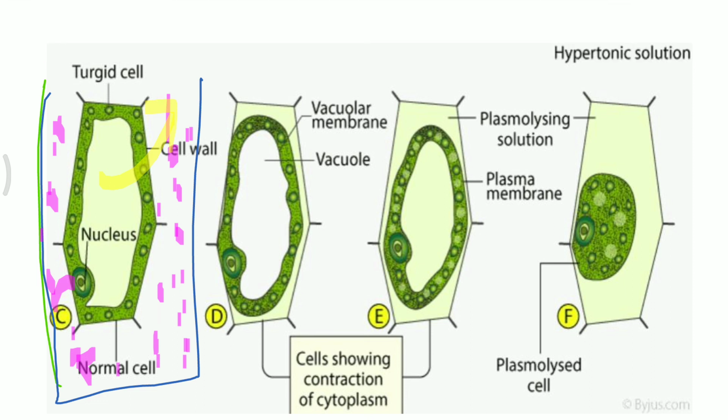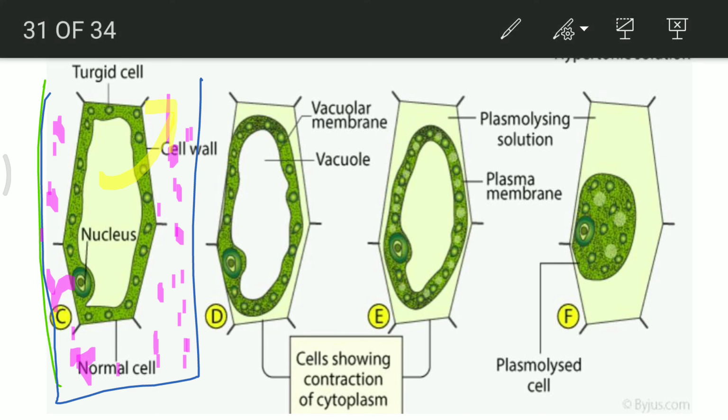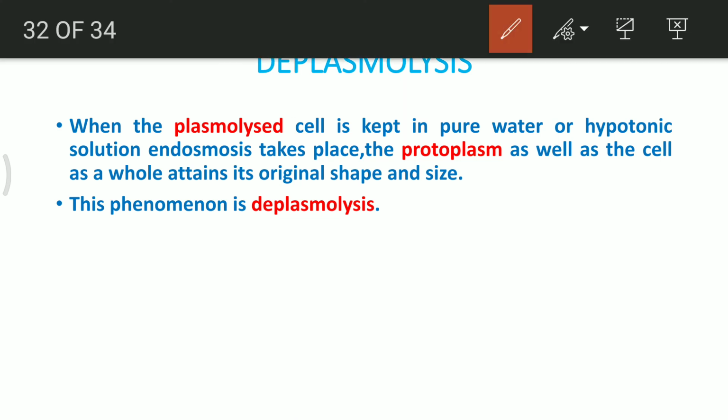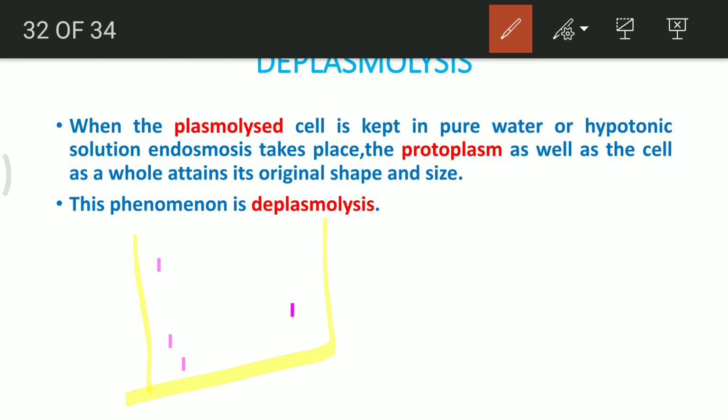The reverse of this is deplasmolysis, when we take the same plasmolyzed cell and place it into a beaker. Think about a beaker which has, say, very less amount of solute. This is the plant cell.